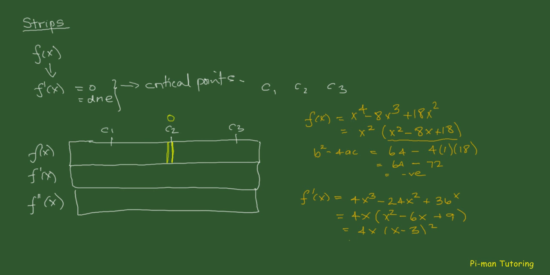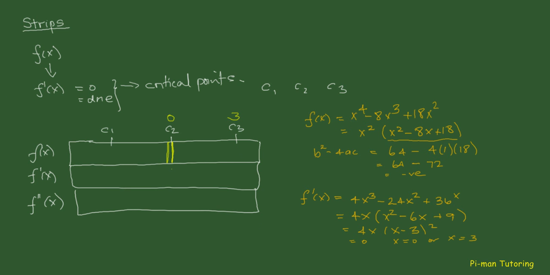Okay, so for this to be 0, we need x to be 0, or x is equal to 3, 3 being a double root. So let's say we have C3 is a 3 over here.